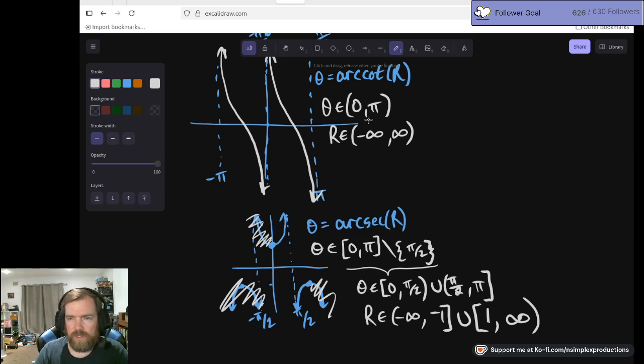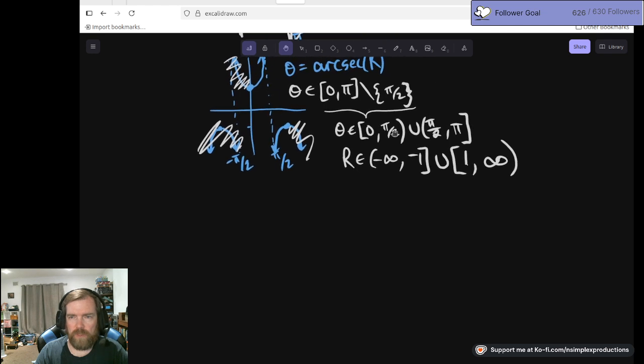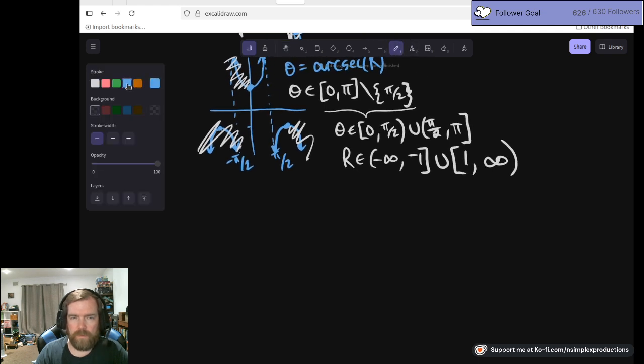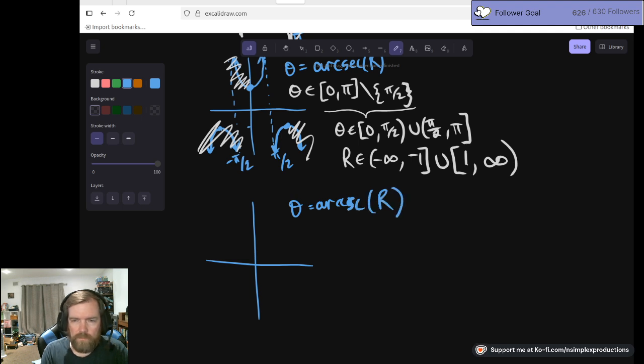So our secant and our cosecant is the only other one that we haven't done. Arc cosecant of r.